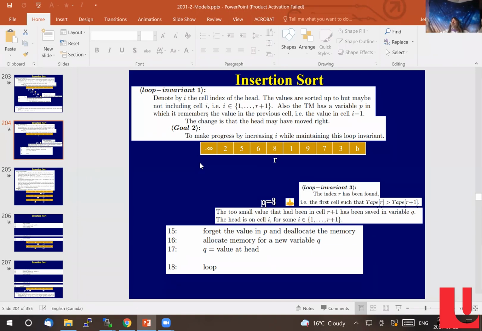The way I would do it, at least, is I would tell them the loop invariant. I would say, generally, when I'm at the top of the loop, this is the state I'm in. This is what the computer is remembering. This is what it knows. This is what the data structure is going to look like. This is where the head is.